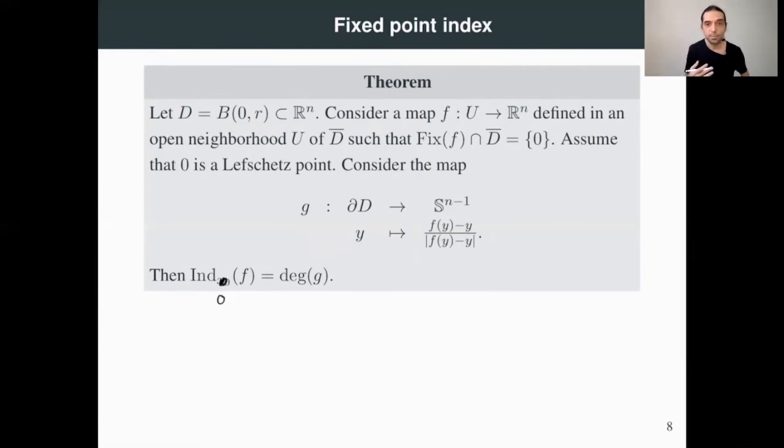This is proved in an analogous way as in the case of vector fields. And we have in this way an alternative definition for the index that we can extend now to the case of isolated fixed points.